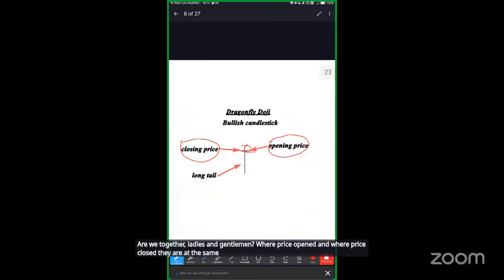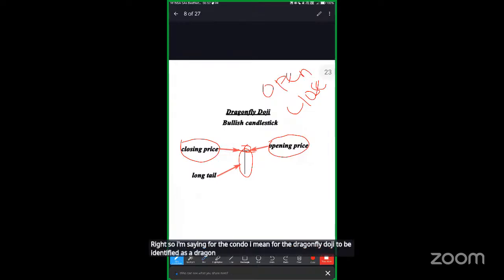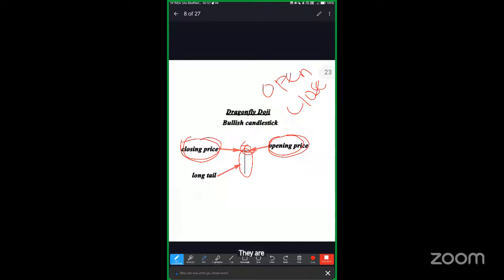That's why, before we looked at these chart patterns, we were looking at parts of a candlestick, the opening price and the closing price. So for the dragonfly doji to be identified, the first thing is that the opening and the closing are at the same place.